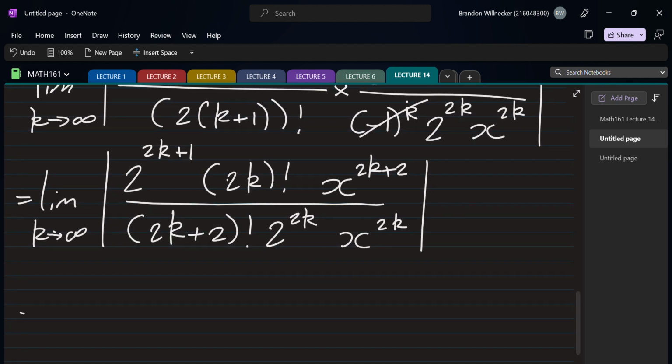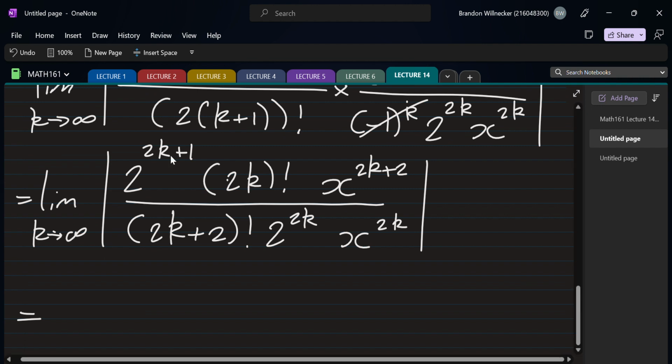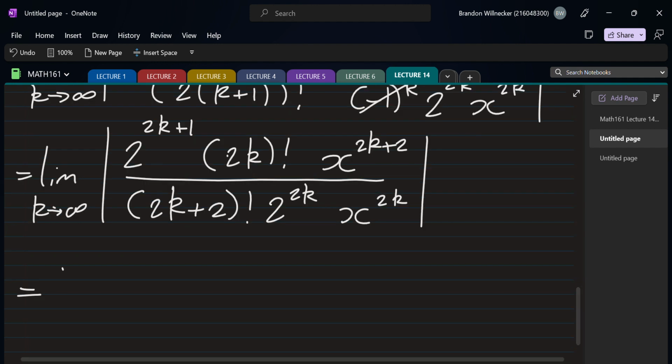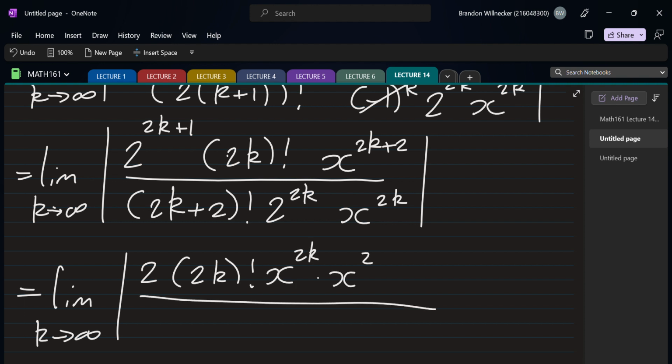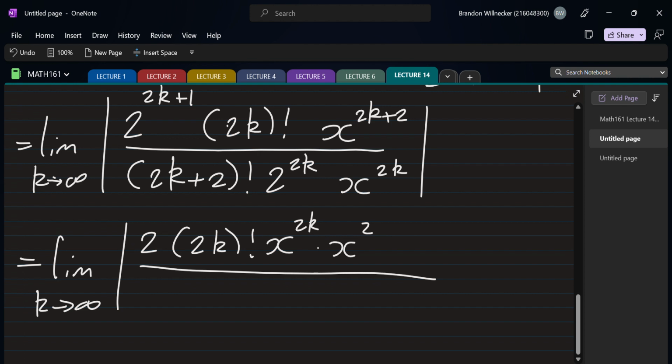Okay. So now, 2 to the 2k plus 1 at the top, 2 to the 2k at the bottom. We can cancel the 2 to the 2k part. So that will be limit k goes to infinity. We're left with the 2 at the top, 2k factorial, x to the 2k times x squared. And then in the bottom here, what we want to do is write that 2k plus 2 factorial with something like 2k factorial, so they can cancel.